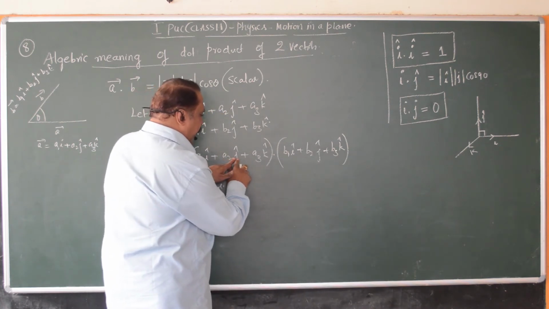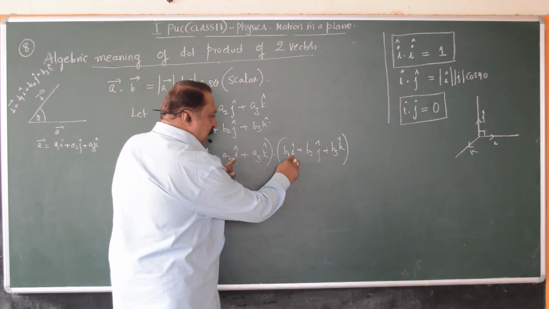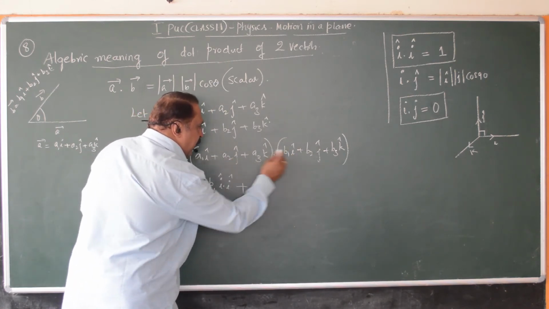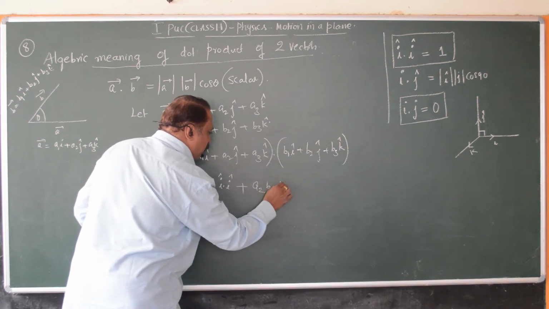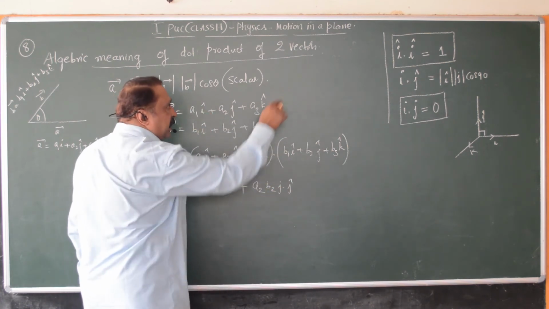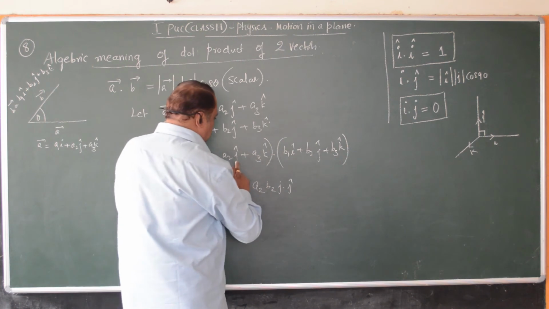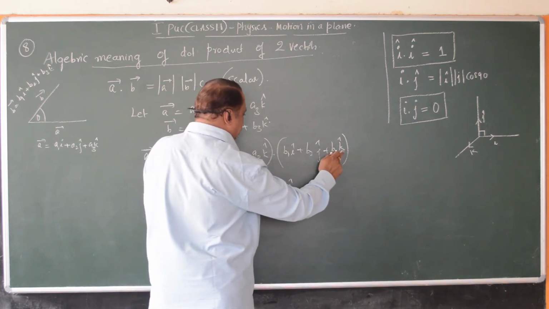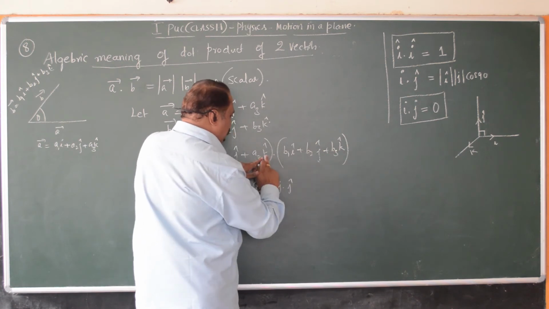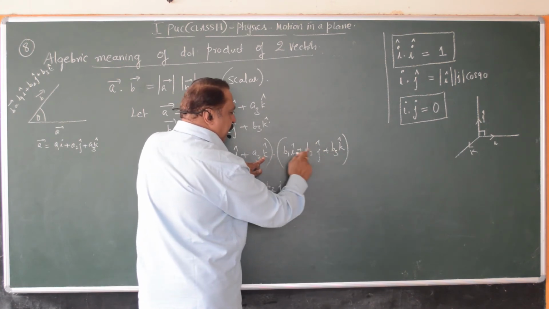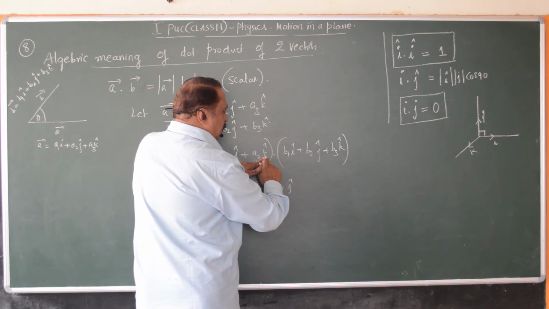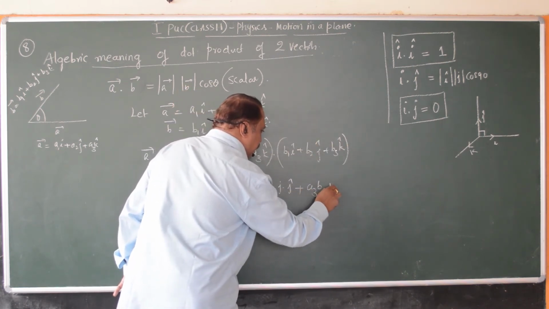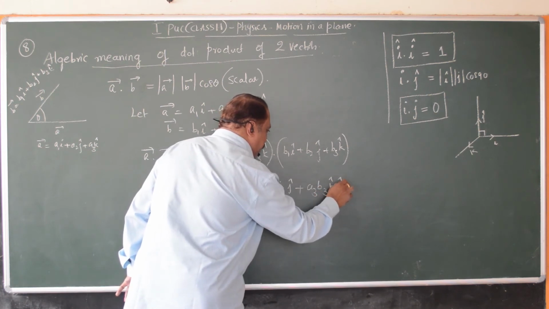Now from the second term, j dot i is 0, plus whatever remains is A2 B2 j dot j, which remains because it is 1, similar vectors. Then A2 j cap into B3 k cap, j dot k is 0, k dot i is 0, k dot j is 0, k dot k is 1. So write that term, A3 B3 k dot k.